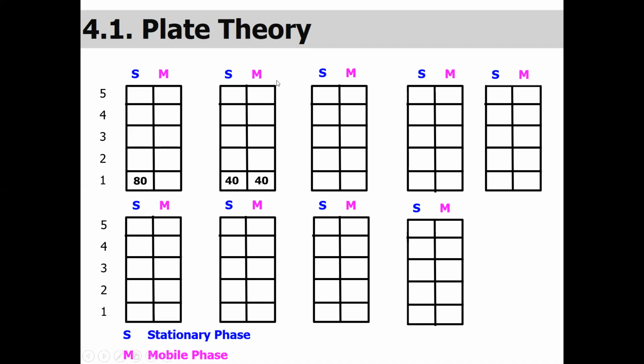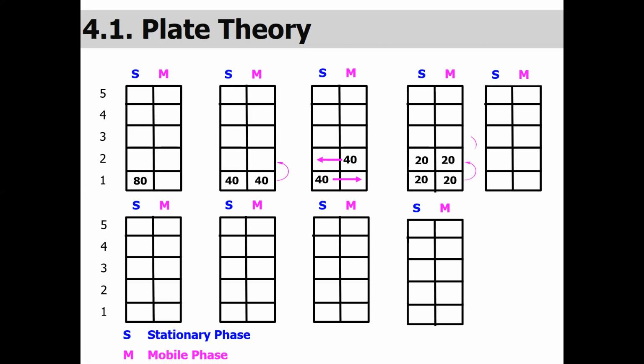Initially the 80 gram will be divided between the stationary phase and the mobile phase, 40 gram each, and then when the solvent passes to the next theoretical plate, the 40 gram will shift to the next plate, and this next plate will shift 20 gram to the stationary phase, and this 20 gram will be shifted to the mobile phase, like in this way. So this is basically known as the equilibration process.